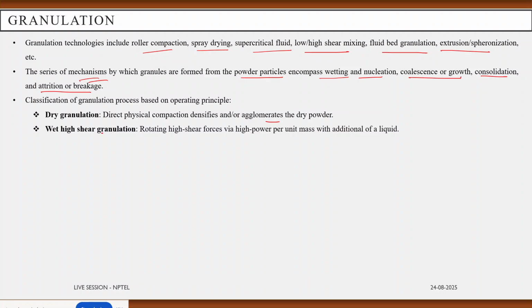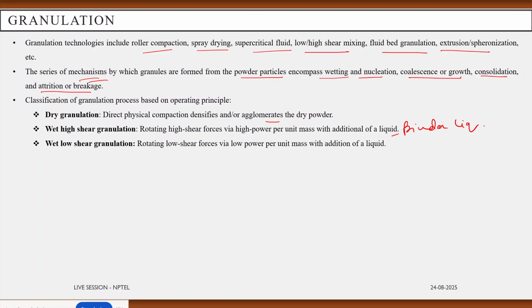Then high shear granulation, which uses rotating high shear forces via high power per unit mass with addition of binder liquid. And low shear granulation, which uses low shear forces machines via low power per unit mass with addition of the binder liquid.